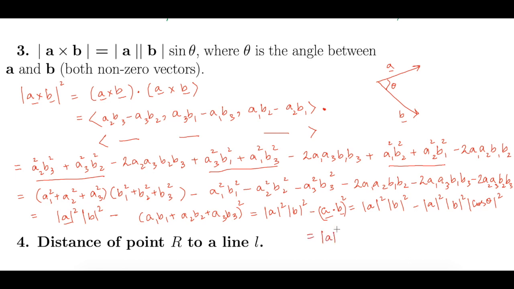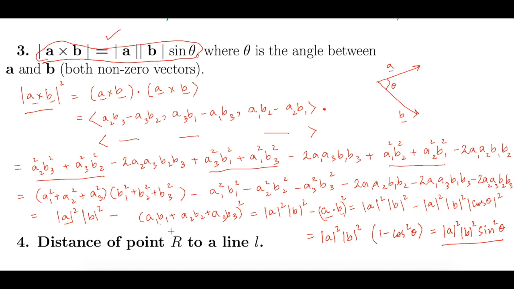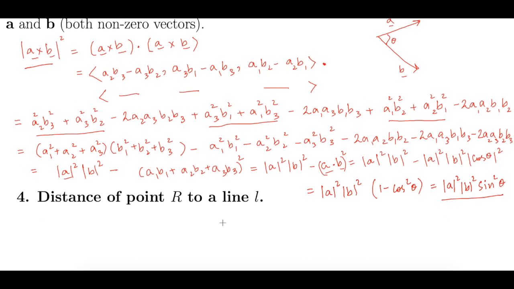So I can say A squared B squared (1 minus cos squared theta), which is equal to A squared B squared sine squared theta. So then this guy is equal to this guy, and if you take the square root, okay, this is about this part.